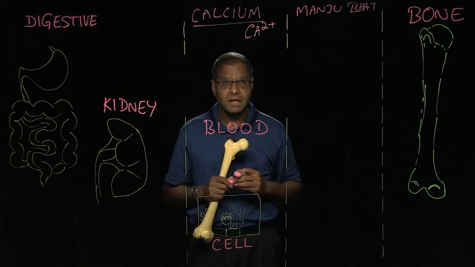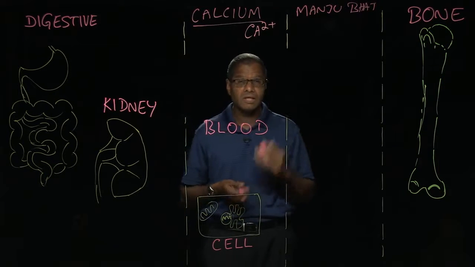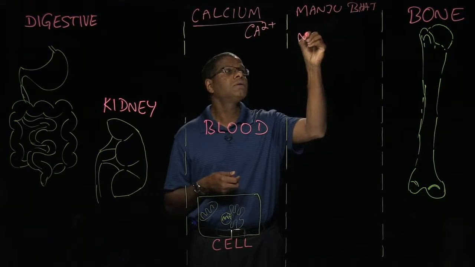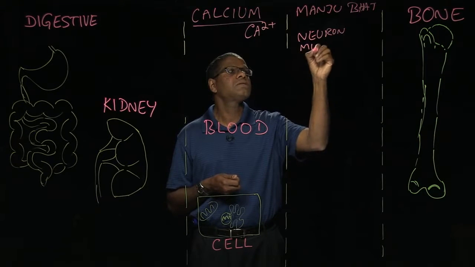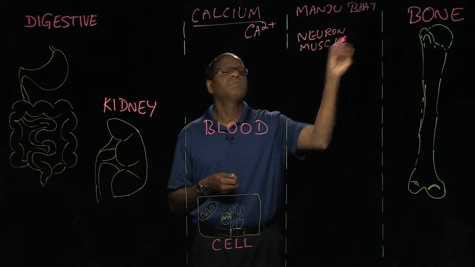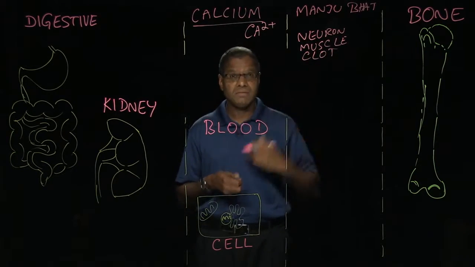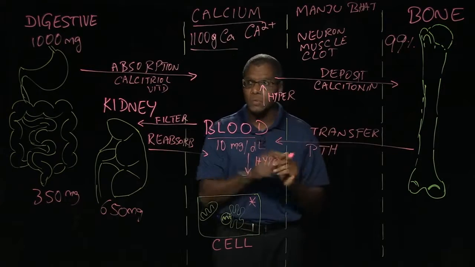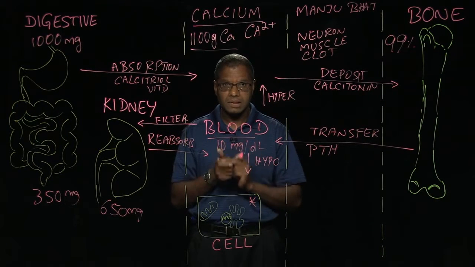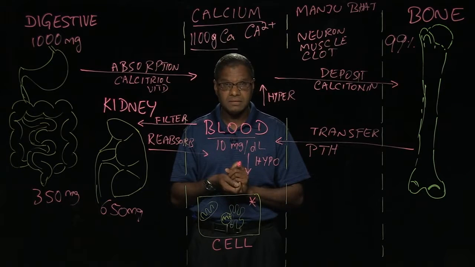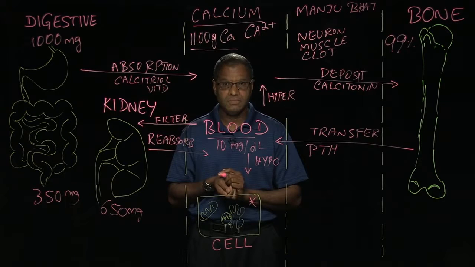Calcium plays a major role in a variety of body functions, including how our neurons communicate, how our muscles contract, and how our blood clots, among many other things. So they work with the organ systems to make sure that normal calcium levels are maintained in the body, particularly in the blood.